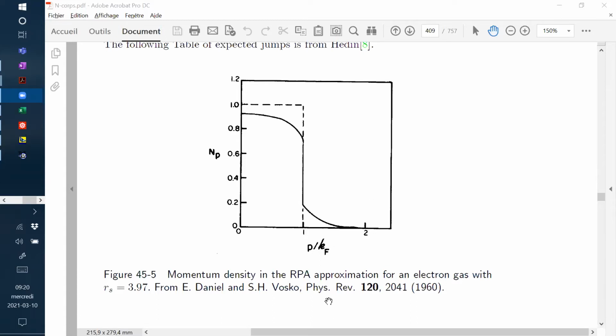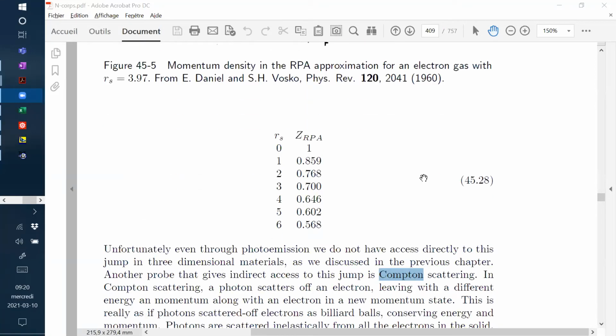As you see, these are very old calculations. Bosco was at the University of Toronto, and in the RPA approximation, you can calculate Z. We know how to compute self-energy, so we can compute Z, and you see how it depends on RS.